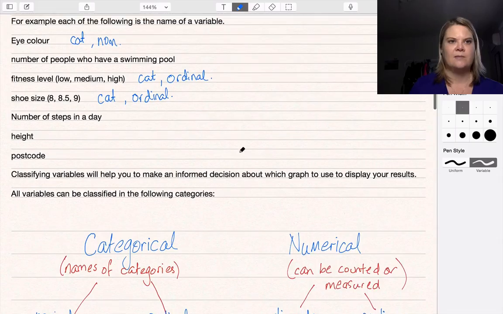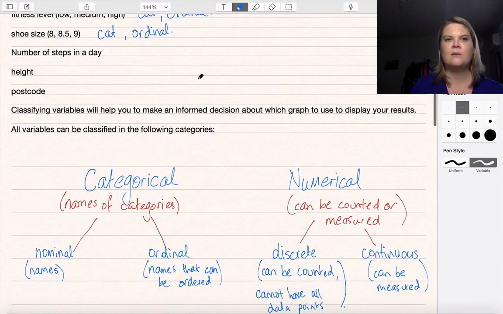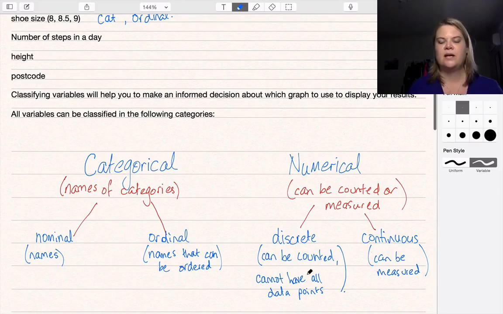Let's look back at our examples. So we have number of people who have a swimming pool. Now, whenever we're talking about number of people, it's definitely numerical, and it's going to be discrete because you cannot have 1.5 people, or you can't have 7.9 people. You can only have either one person or two people, or three. So you can only have whole numbers.